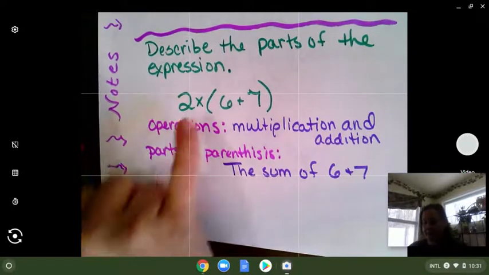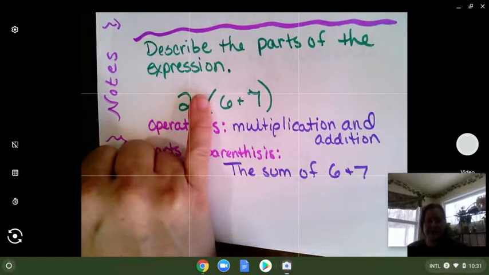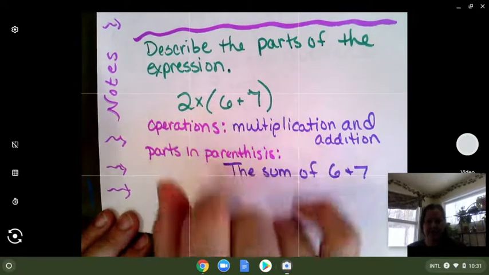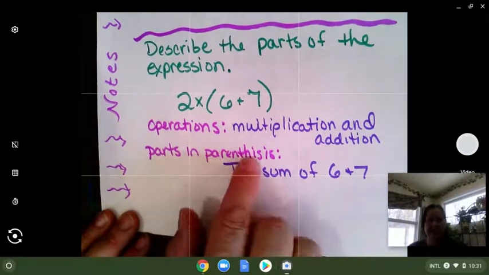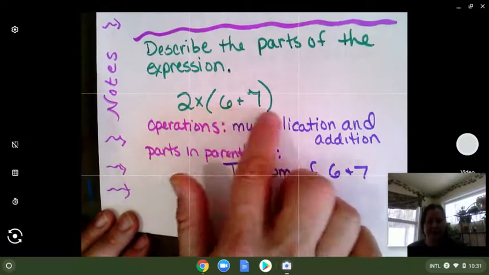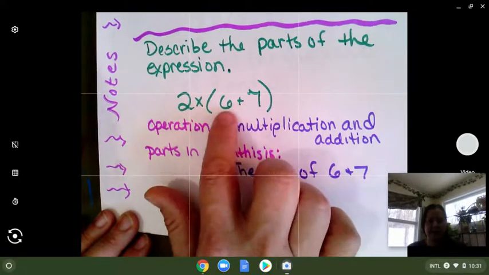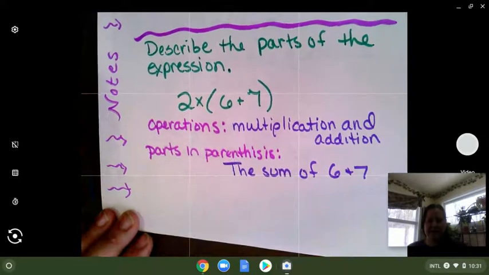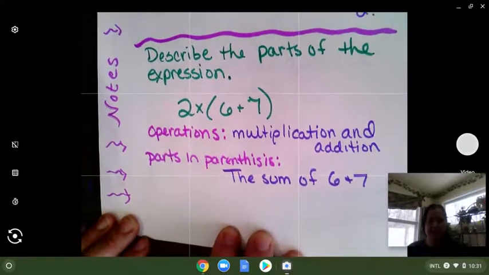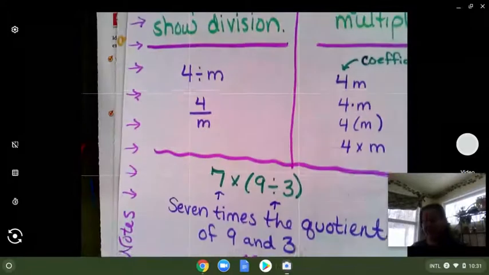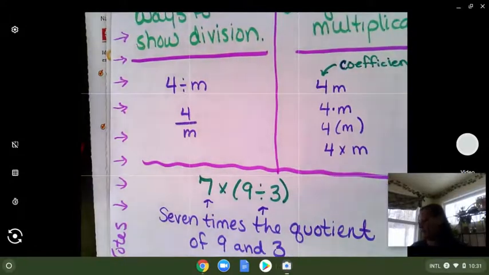So even if that multiplication sign wasn't there, we would still say that we have two operations, multiplication and addition. And the part in parentheses is the sum, meaning you're adding them, the sum of 6 and 7. So those are the parts to this expression. It's an expression because it doesn't have an equal sign.